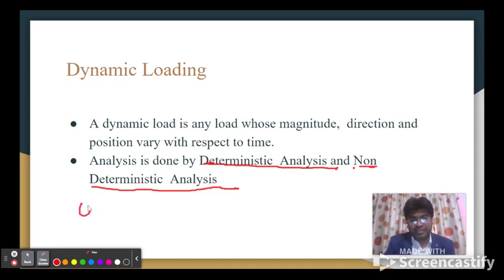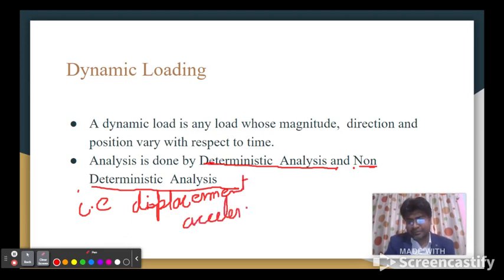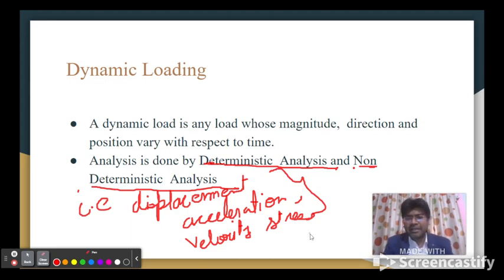Now, in deterministic analysis, what happens? The structural response, that is displacement, acceleration, velocity, stress, and many other variables are completely known, or precisely known, as a function of time.